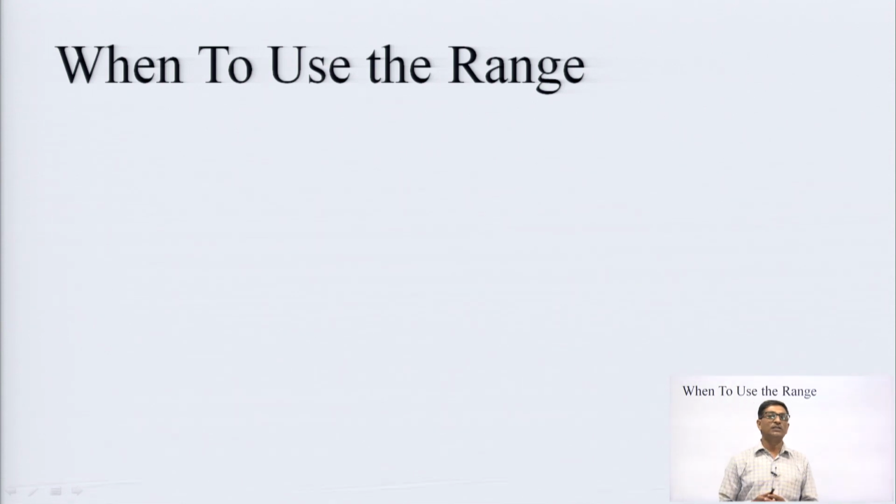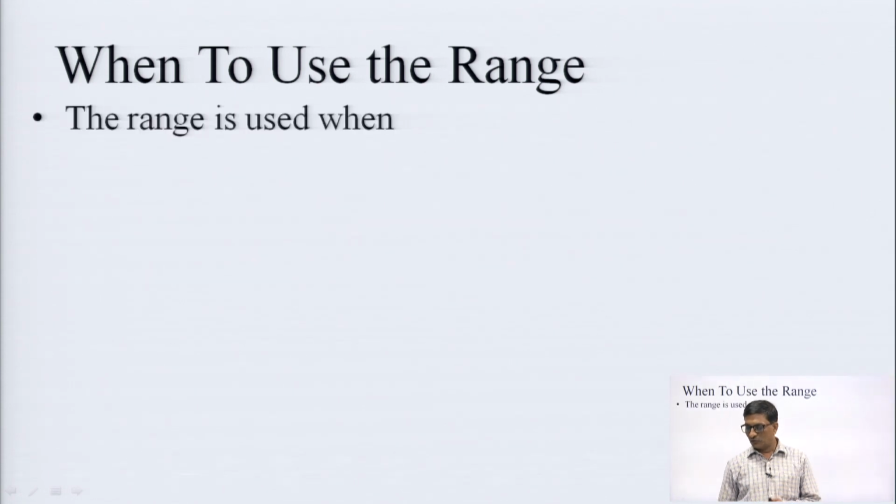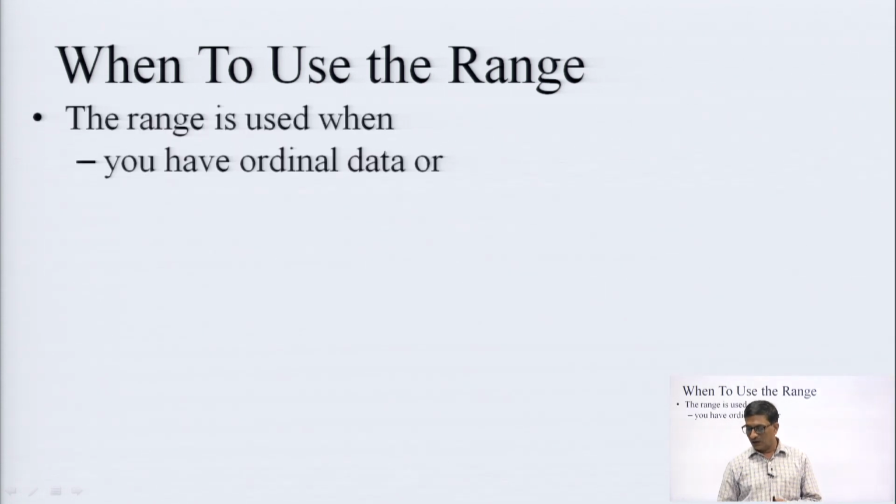Range is used when we have ordinal data, for example, grades, or income groups such as low income group, high income group and intermediate income group, or sometimes the disease stage, chronic, severe, moderate.